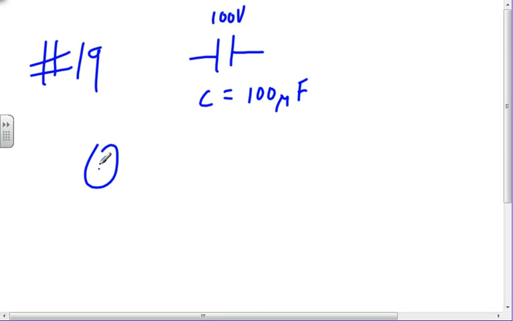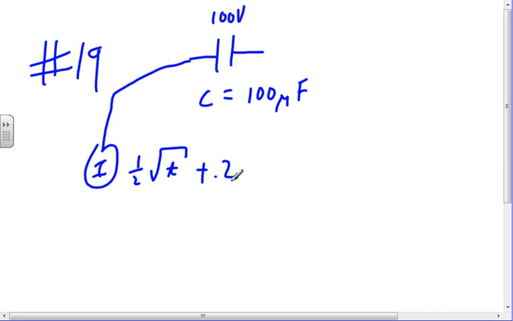Okay, so I've got a current source. How do I make a current source? I forget. I'll just do it this way. Current source. And that current is 1/2 the square root of t plus 0.2 amps, through the circuit.